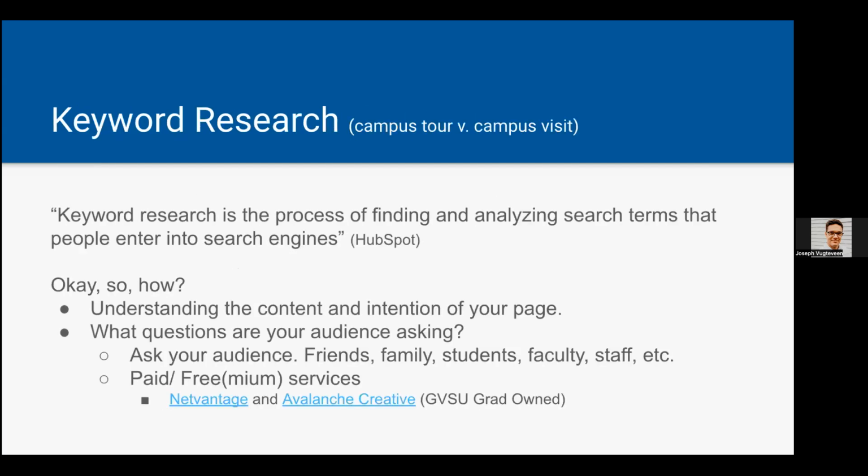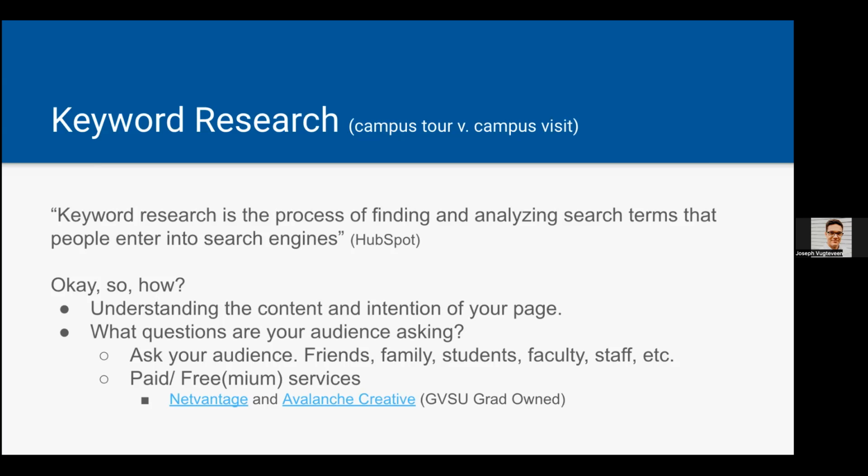So keyword integration is basically what you type into Google to get your answer. So for this session, we'll use campus tour versus campus visit. Those two seemingly pretty similar search terms, and they are, but we'll dive into how they're actually different and why the research is important to put into figuring out which one to do.